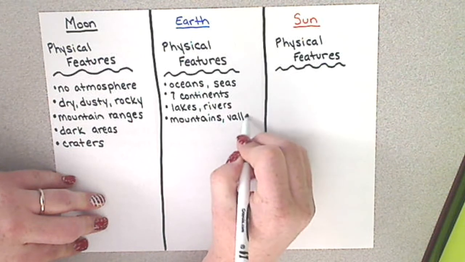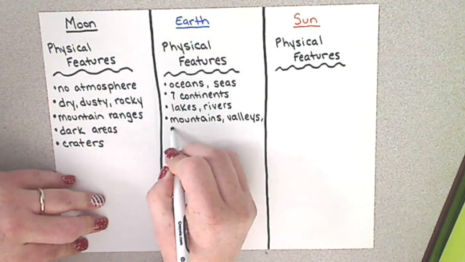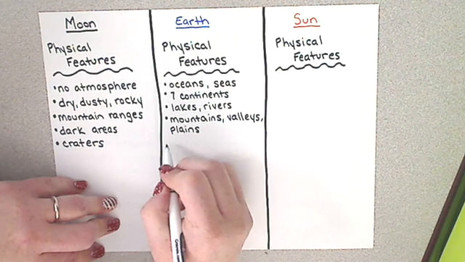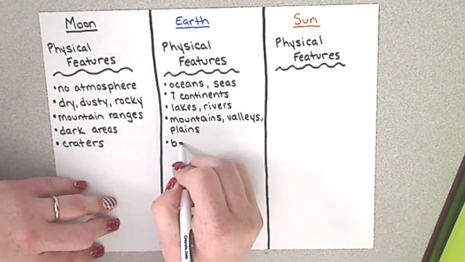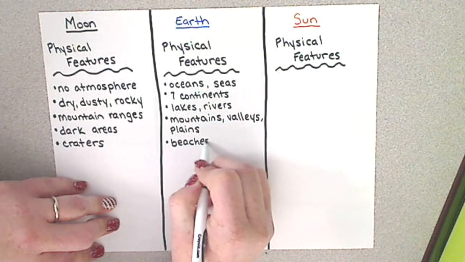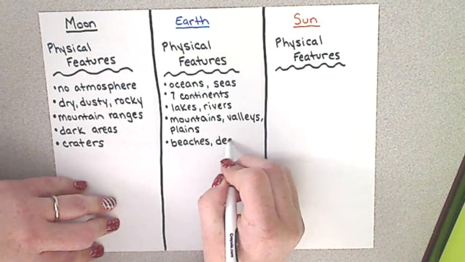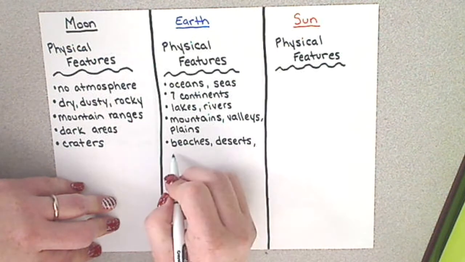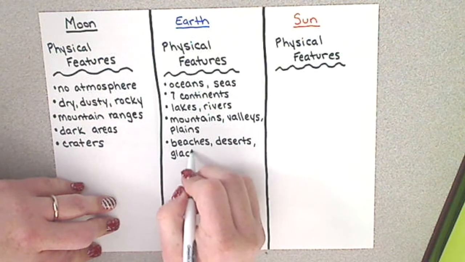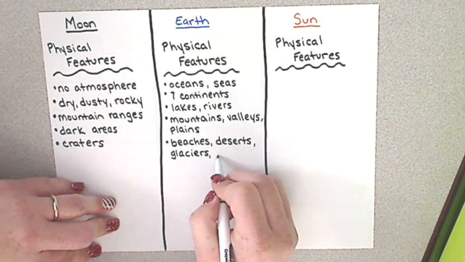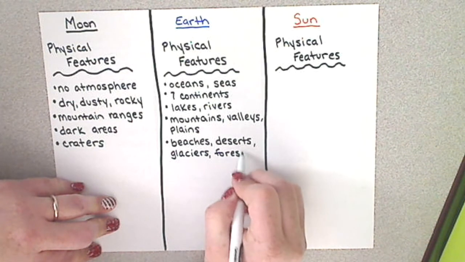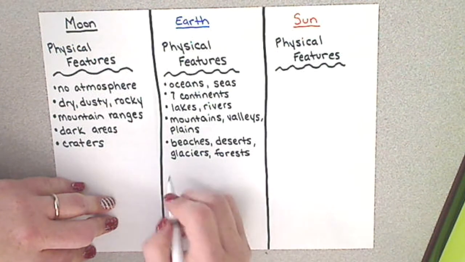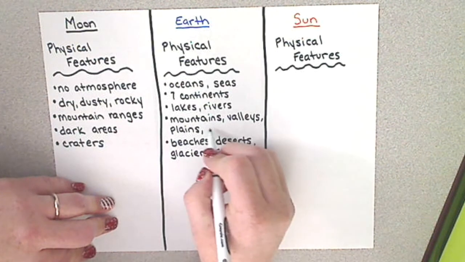Valleys. Plains. Beaches. Deserts. Glaciers. Forests. We're also going to add hills up here.